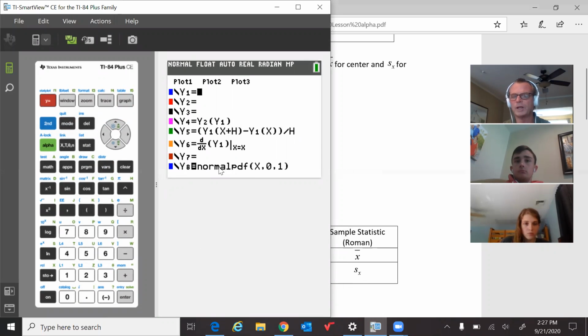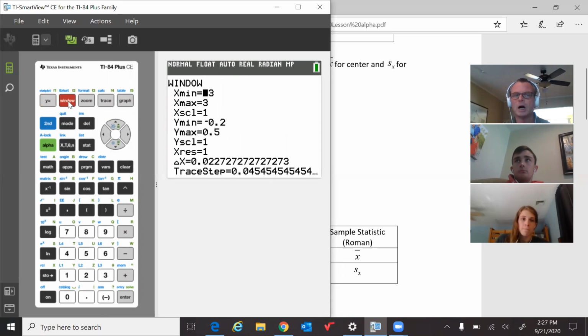That will bring up normalpdf, and your prompts are X, 0, 1, meaning you want the input to be X, the center to be 0, and the spread to be 1. Then you just turn this on and off. You're not really going to use it. It's just nice to have a picture of this to visualize it.